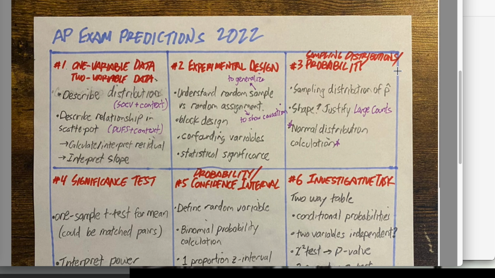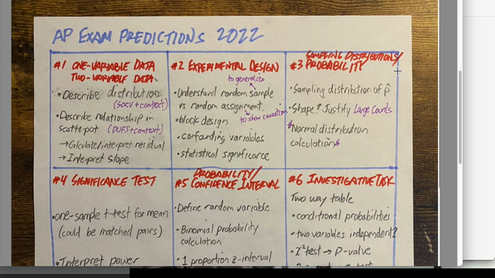Is it multimodal? So more than one hump. Like the normal distribution has just a single hump, right? But sometimes you could have two humps. You could have three. You could have 20. If there are 20, then it would have to be a huge data set, but you get the idea. So just making a description or an analysis of the type of distribution.